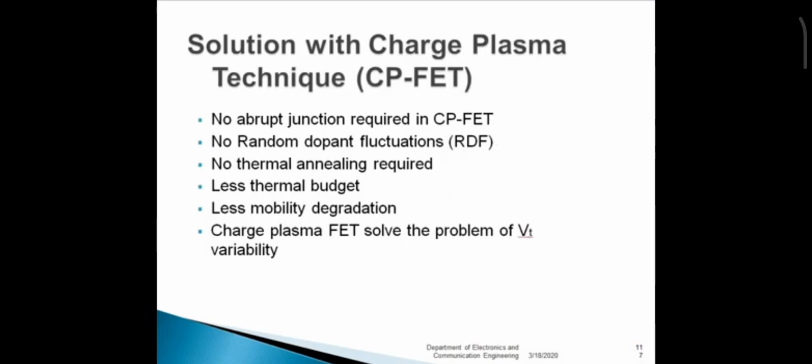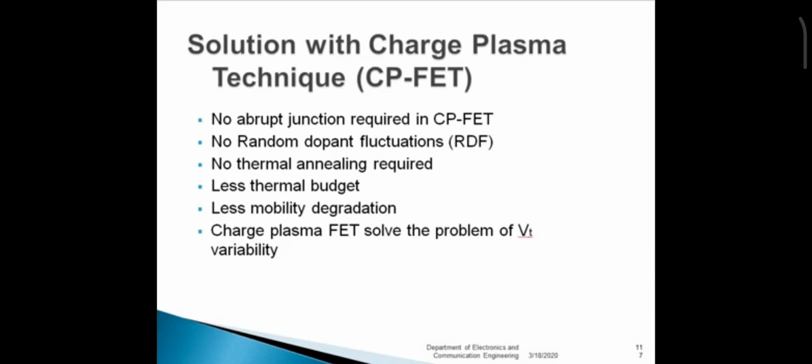The solution to the above mentioned problems is the charged plasma FET. In the charged plasma TFET, first, no abrupt junction is required. Second, no high temperature annealing process is required. No random dopant fluctuation, so the thermal budget of the device is very low.